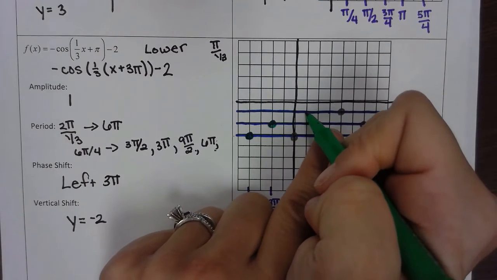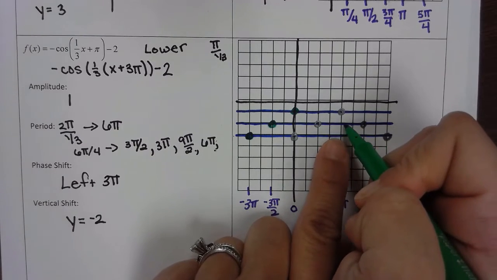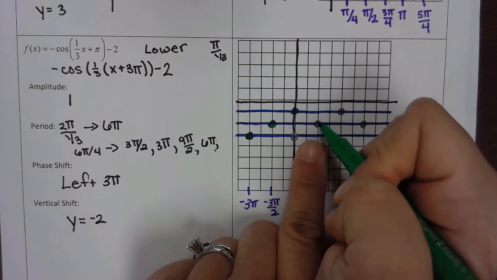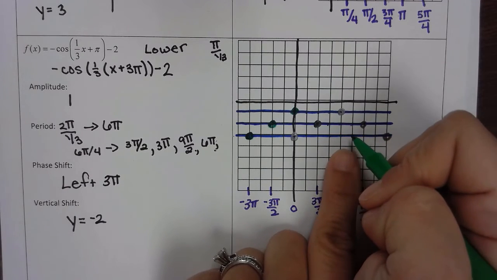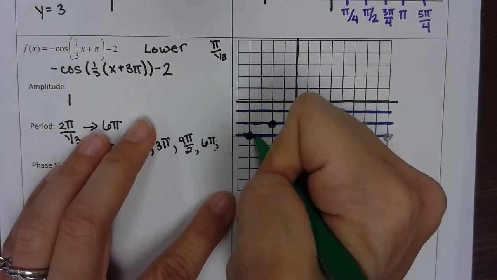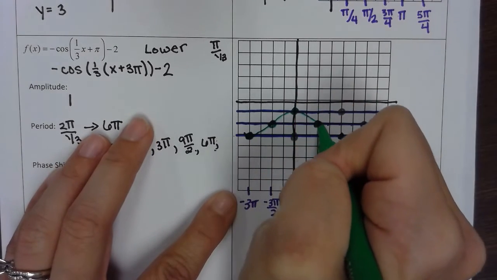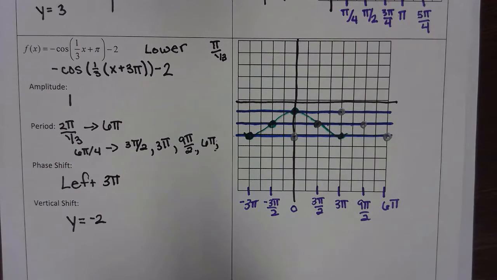Happens to land right down there. And so this is our graph. Very good.